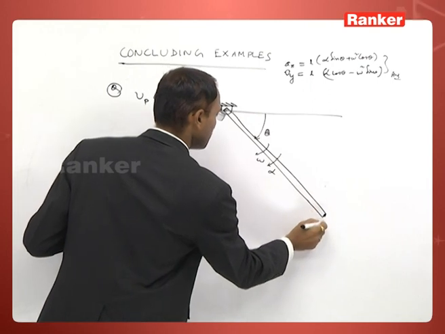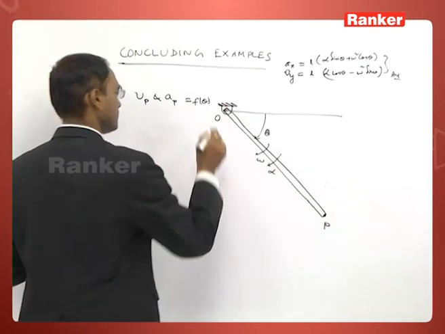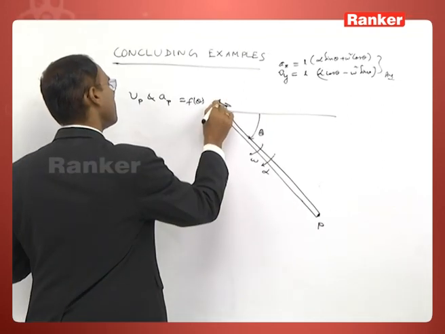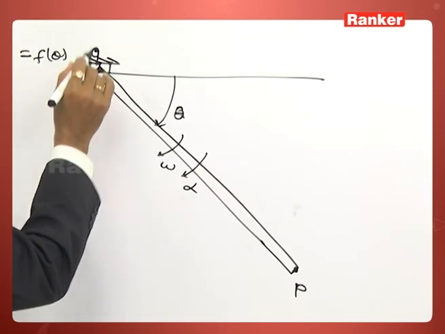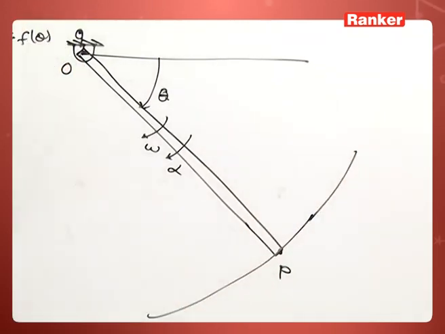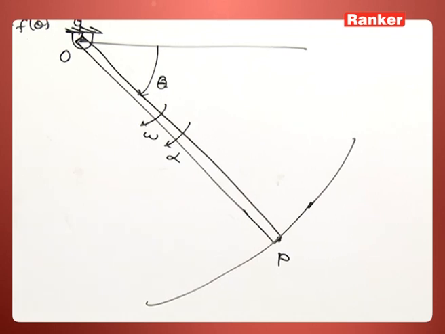This point is P, this point is O. With respect to this point, point P moves in a circular path.